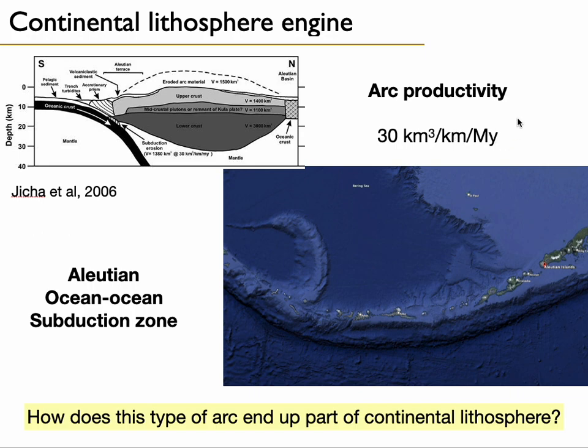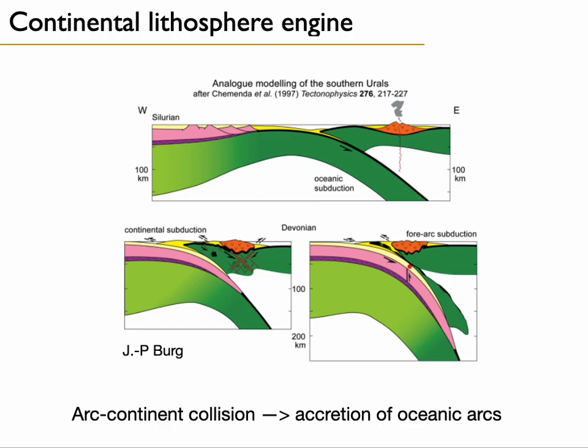So how does this type of arc end up being part of a continental lithosphere? So you see that this is just an arc so far, but together with a long tectonic history, these arcs may become accreted to a continent. So this is one way to grow continental lithosphere. So here is an example.